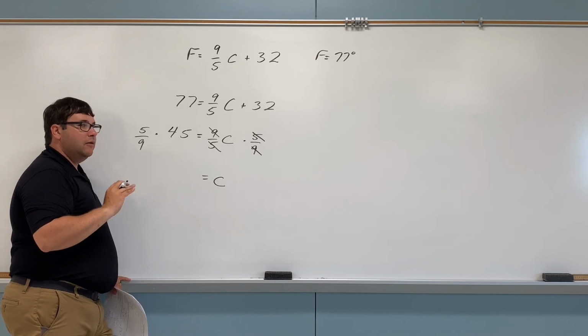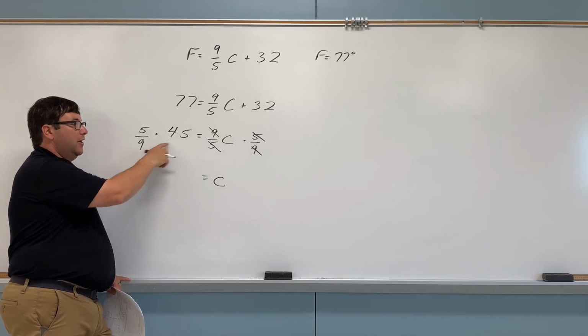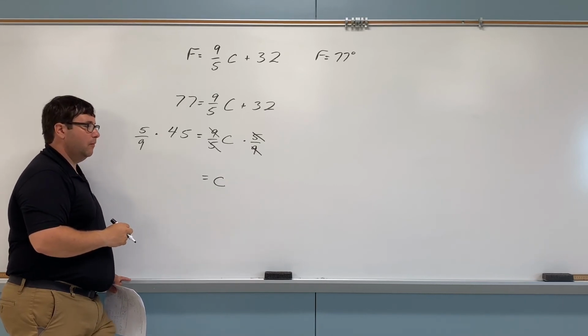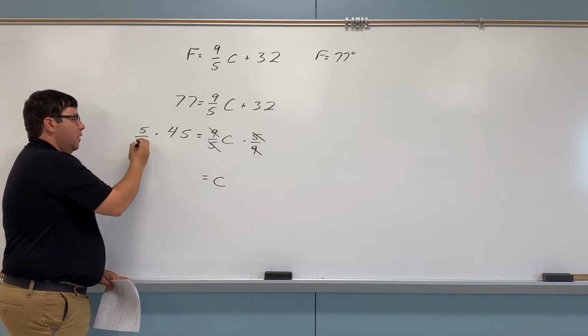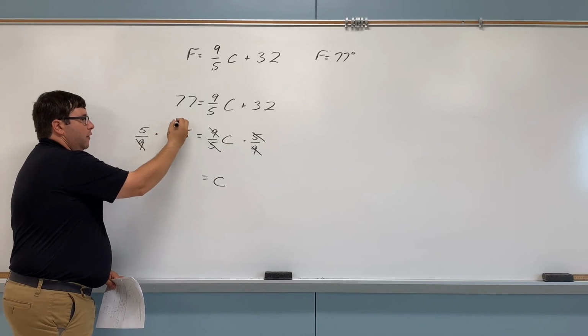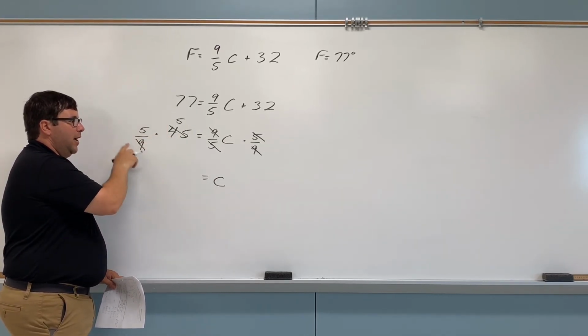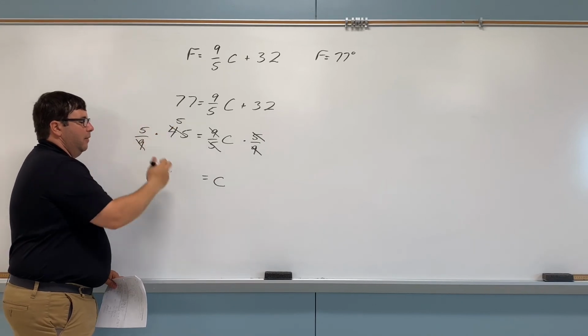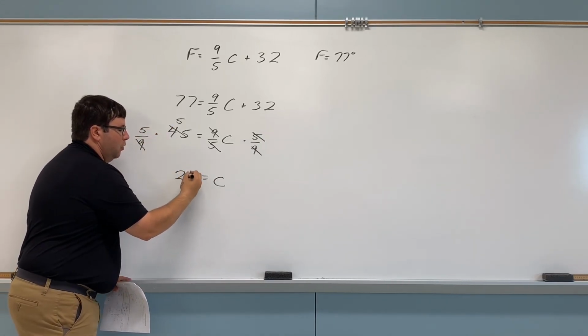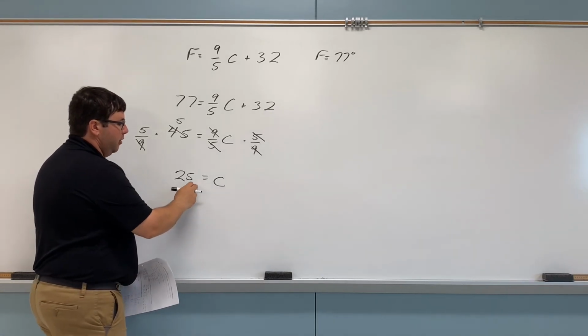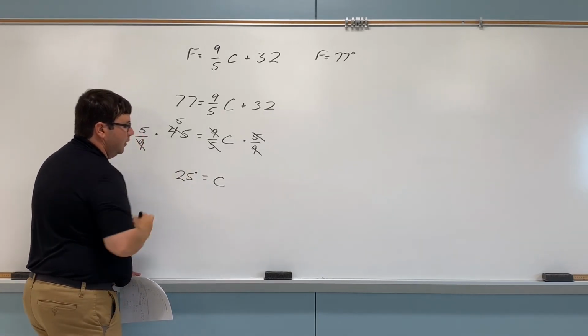Now, here's the kicker. 9 can actually go into 45. How many times? 5 times. So 9 can go into 45 5 times, which means what I have in reality here is 5 times 5, or 25. And so this is talking about temperature, so that is 25 degrees.